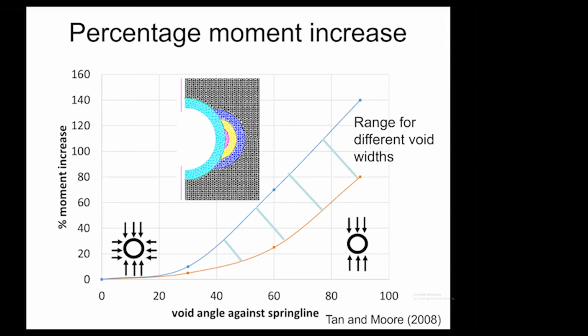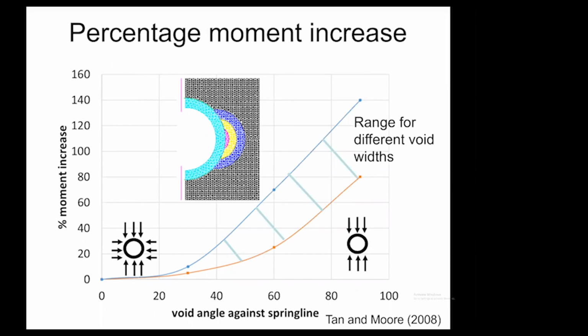This plot simply presents a summary of the range of moment increases you would get considering erosion voids of different widths and different sorts of soil. The measure of the size of the erosion void we're using in this figure is what we call the void angle.